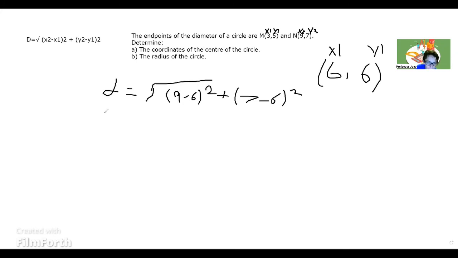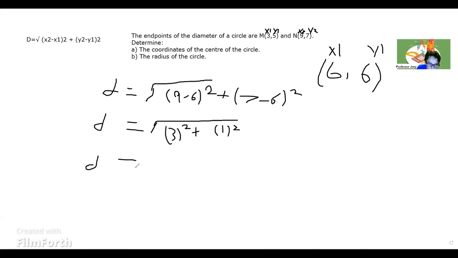So 9 minus 6, which is, distance would equal square root. What is 9 minus 6? 9 minus 6 is 3. So 3 in a bracket because it's two different equations, plus 7 minus 6, which is 1, which is 1 squared. Now we have 3 squared plus 1 squared.